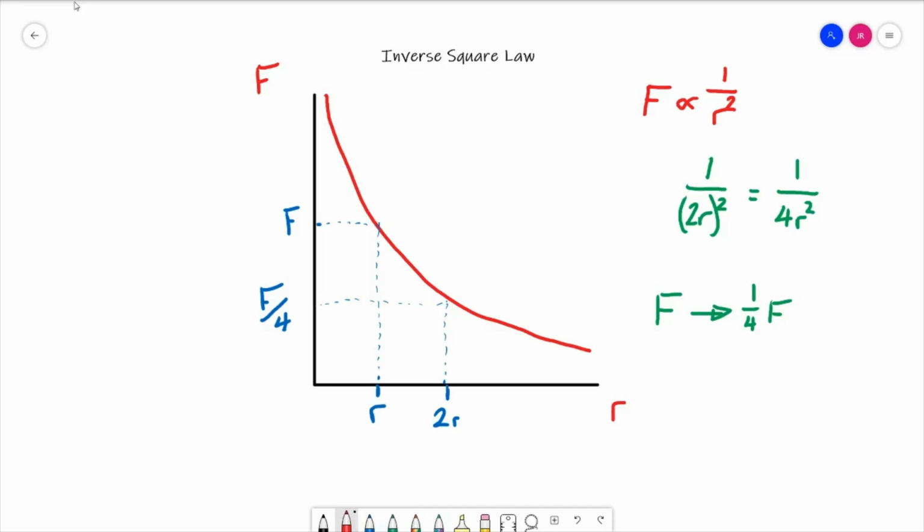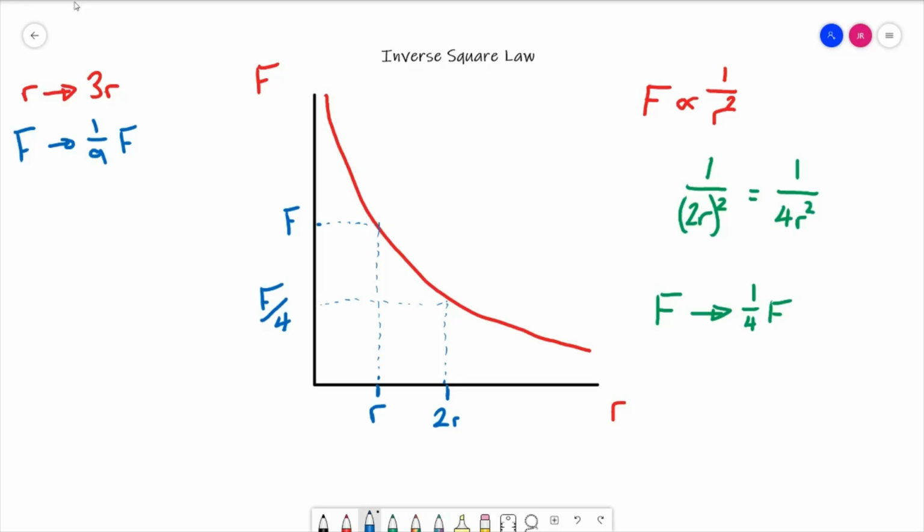Taking it further, if we were to take the distance from r and make it 3r, our inverse square law tells us that F will become 1 over 9 times the original value. In other words, 1 over 3 squared.